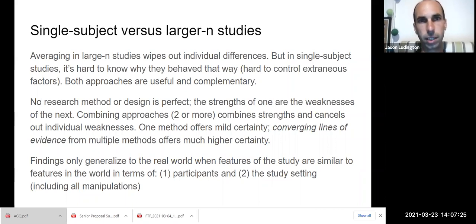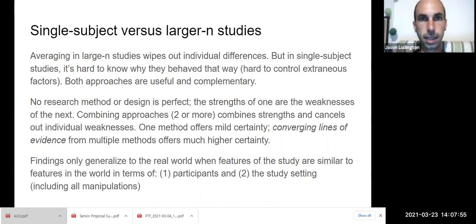I think it's fair to say most psychological research uses large N. But single subject studies are hard. It's hard to know why people behave the way they do. It's hard to control extraneous factors. So there are some strengths and weaknesses of both single subject, also called small n, as well as large N studies.